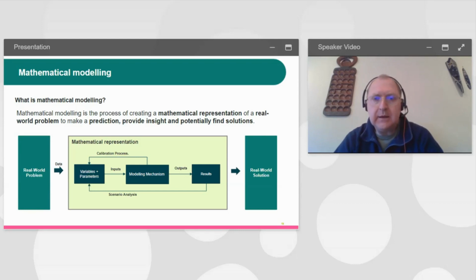Our understanding of that problem is usually gleaned from information within real world data that is collected and provides insight into what we're trying to investigate. And it is against that sort of data that models are calibrated.